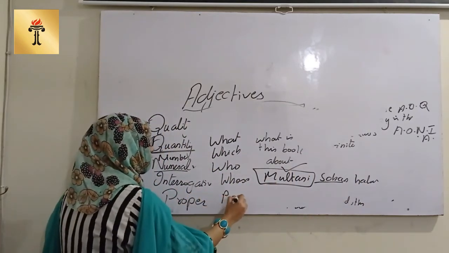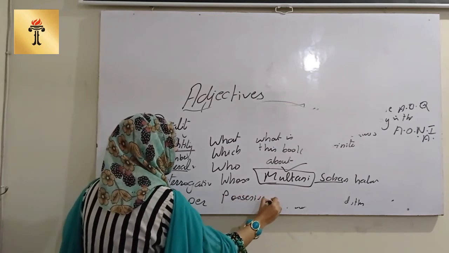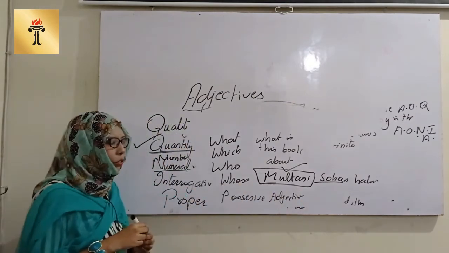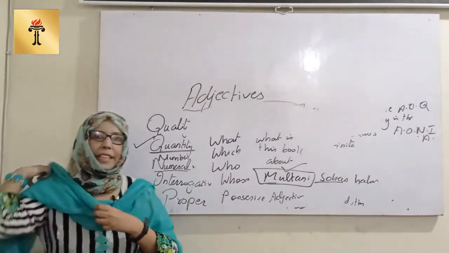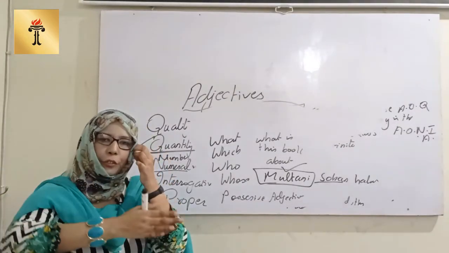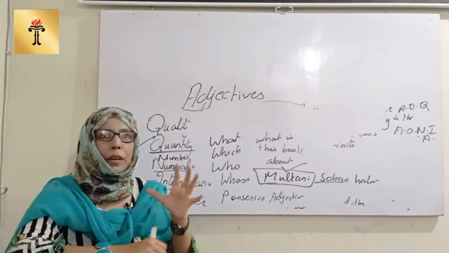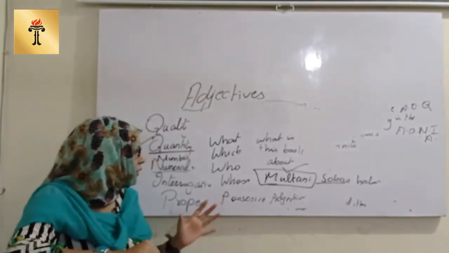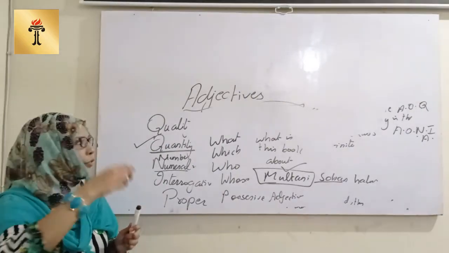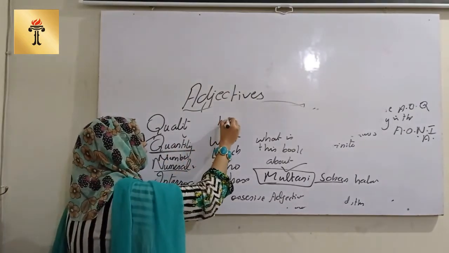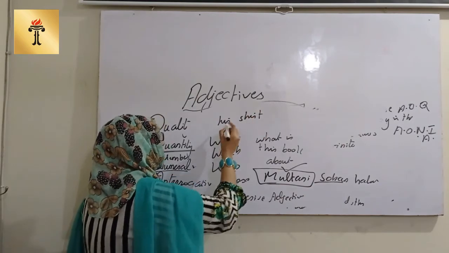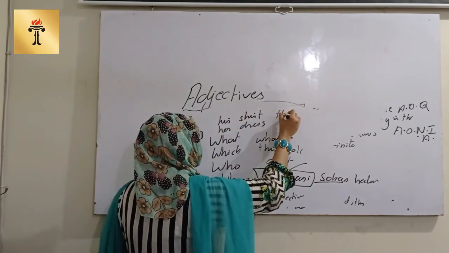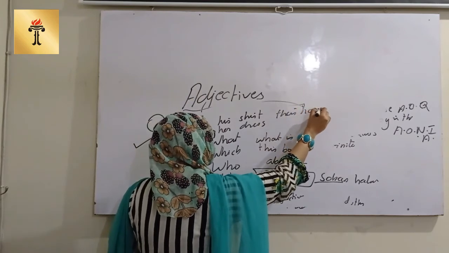The next is possessive adjective. Now recall the lecture on pronouns in which we discussed that when a word associated with some noun shows its property or possession, it is said to be an adjective, and in the pronoun lecture we said his shirt, her dress, their home.